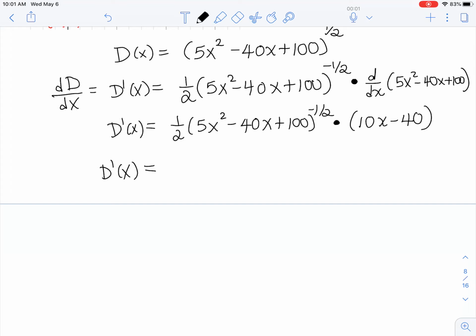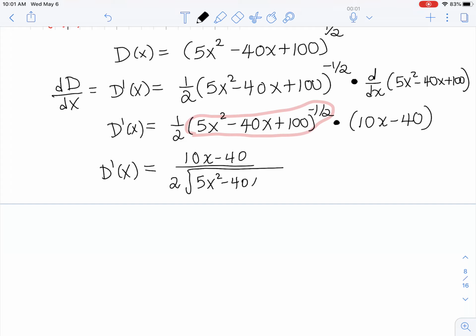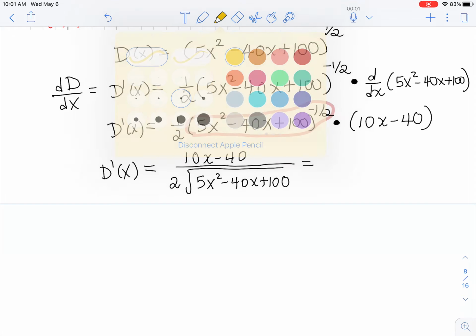I'm going to go ahead and put this in a nice looking form. So what we are finding is d prime of x because we're trying to find the critical value. Now, you notice this term has a negative exponent, so I'm going to write this in the bottom of the fraction. So write down 10x minus 40 on top of the fraction, and write down 2 times, and you see that is raised to the negative 1/2 power, so I'm going to write it as square root of 5x squared minus 40x plus 100 in the denominator under square root.